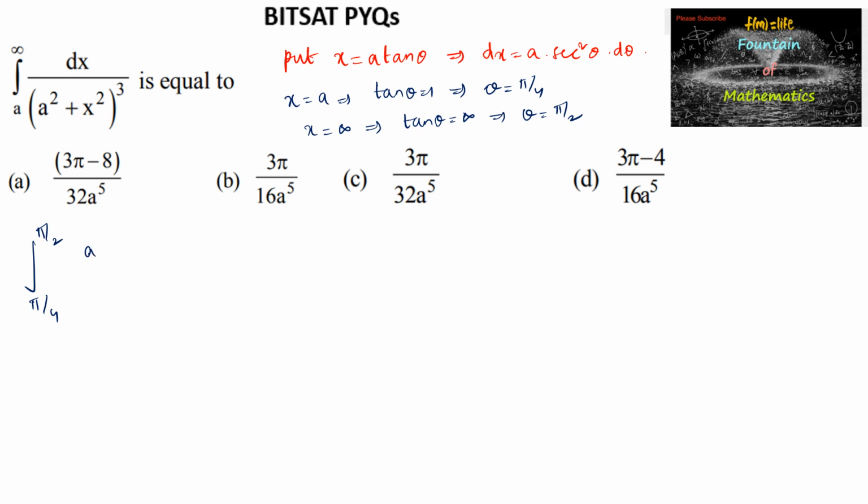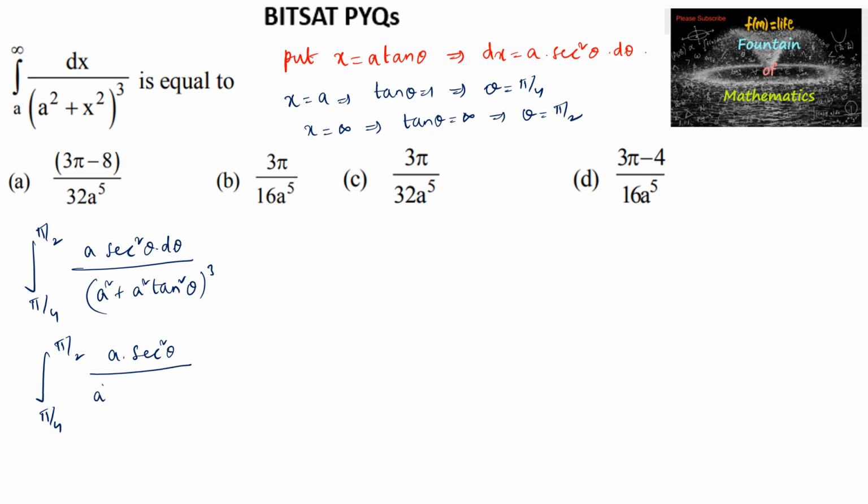Dx is a into secant square theta d theta upon a square plus x square, and here x square is nothing but a square tan square theta, whole to the power of 3. That is integral pi by 4 to pi by 2 of a into secant square theta upon a square whole cube taken common, that is a power 6 common.